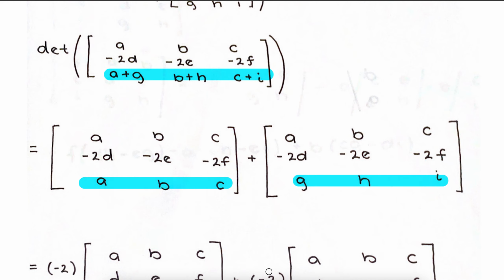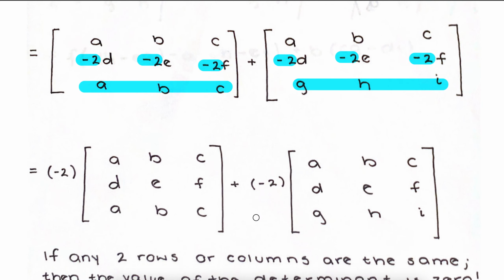And then once I did that, I went ahead and tried to see what else was different from the given matrix, and we can see here that we have a negative 2 given to each of the row 2s. So my next step was to take out the negative 2 and see if that gets us the given matrix.